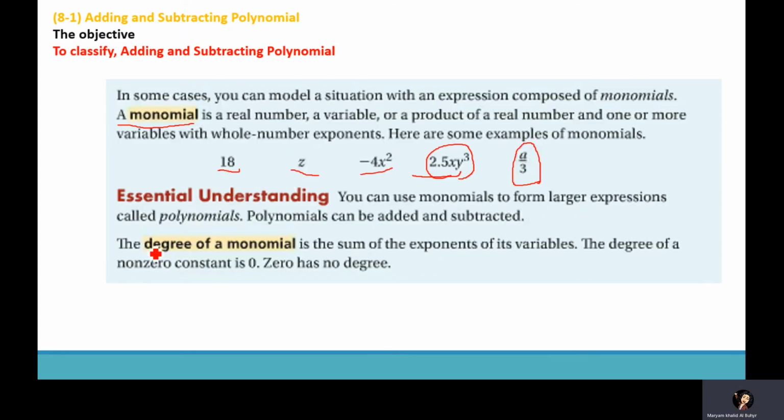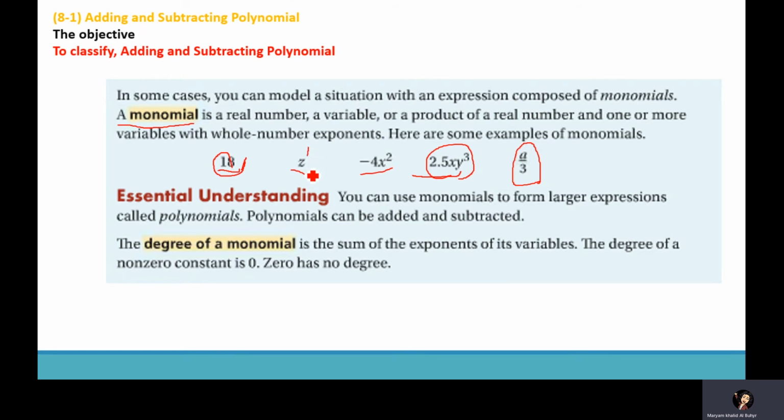Now let's start deeply on the degree of a polynomial. The degree of a monomial is the sum of the exponents of the variables. So here, for example, what is the degree? You look at the variable that you have. Do you have a variable? No. That means the degree of this one is 0. What is the degree of this monomial?